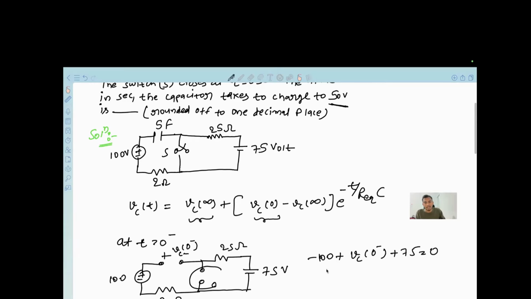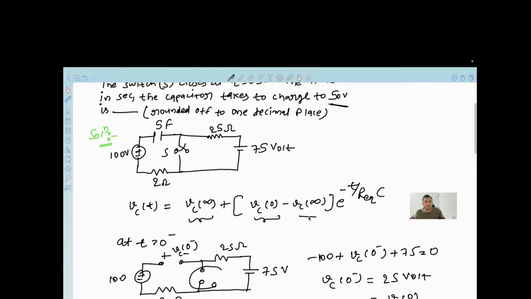From here we can get Vc0 minus, and it will be 25 volt. This 25 volt will be the voltage across the capacitor at 0 time also, so this will be equal to Vc0 also.